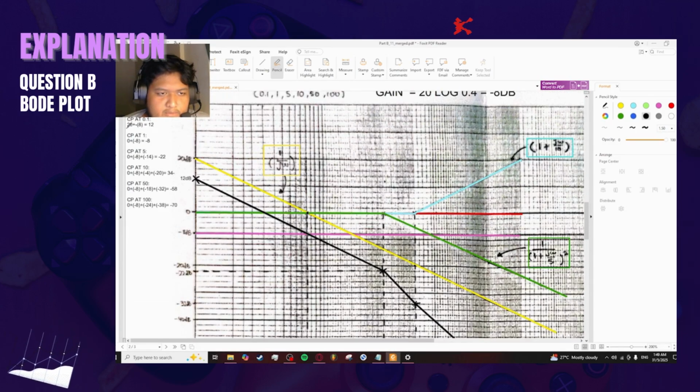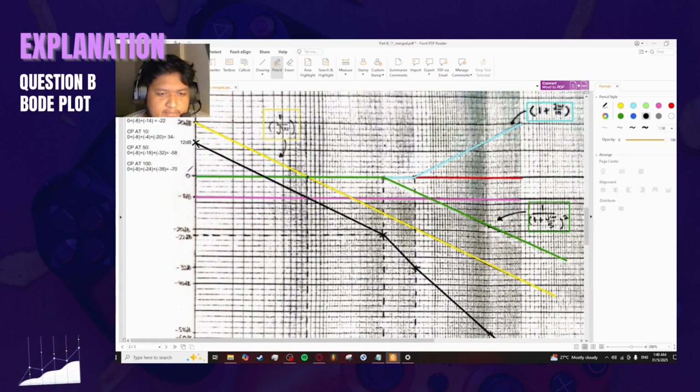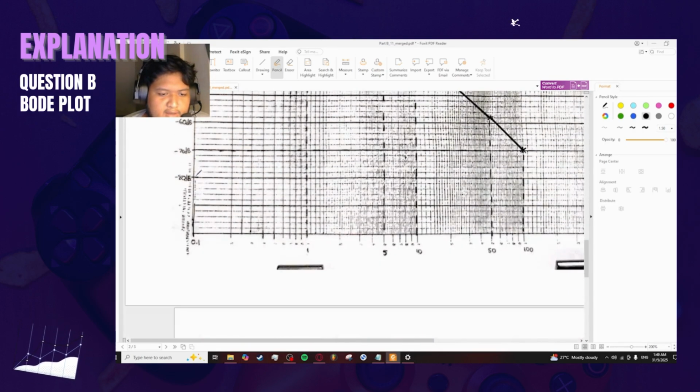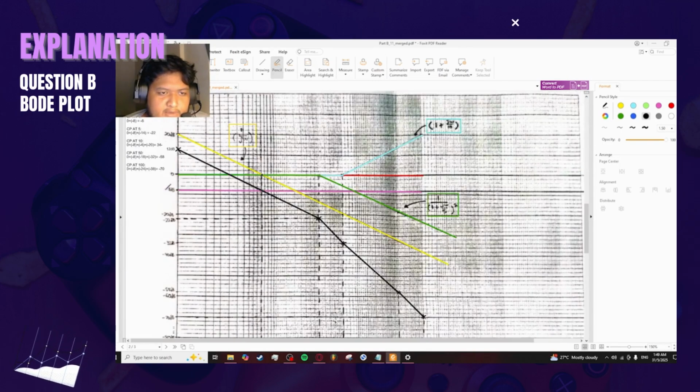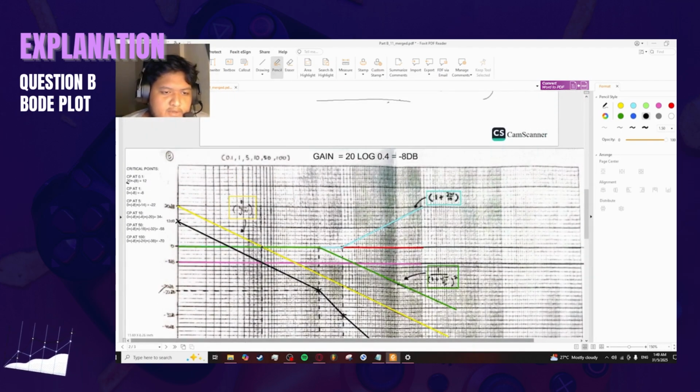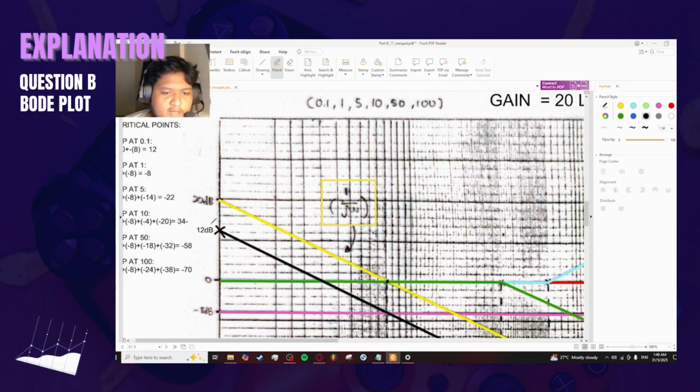So you need to add them up. 20 plus negative 8, the gain value, is also intersecting at our 0.1 line here. So you add it up, it's going to be 12 decibels. And this is where you start your critical point.